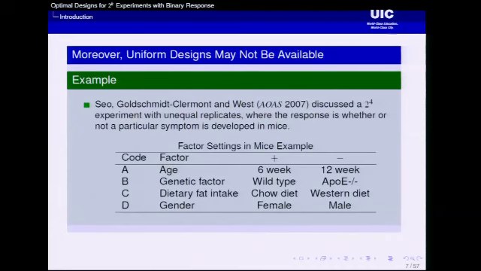Here is another example where the response is whether or not a particular symptom is developed in mice. The factors are over there. Age is at 2 levels. A genetic factor, there is a dietary fat intake at 2 levels, chow diet or Western diet.